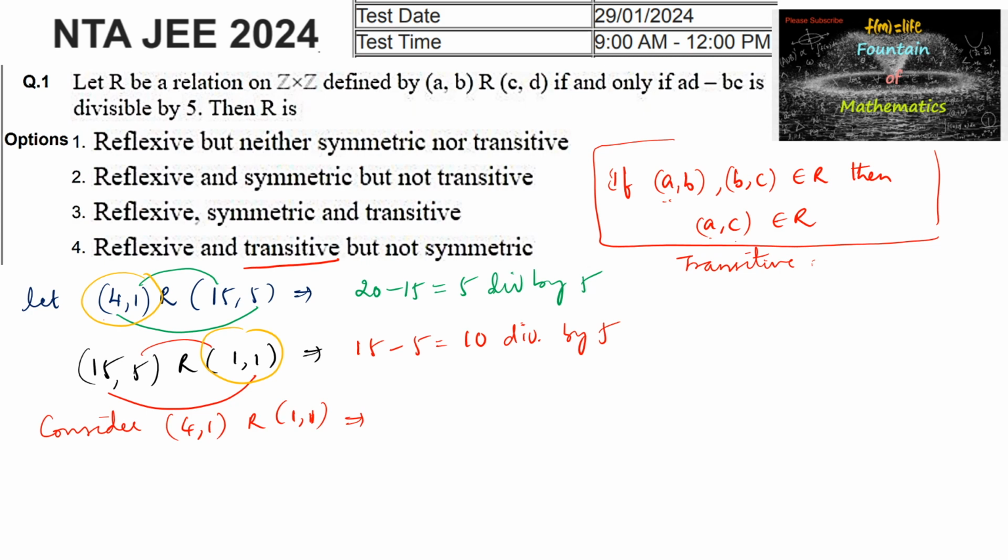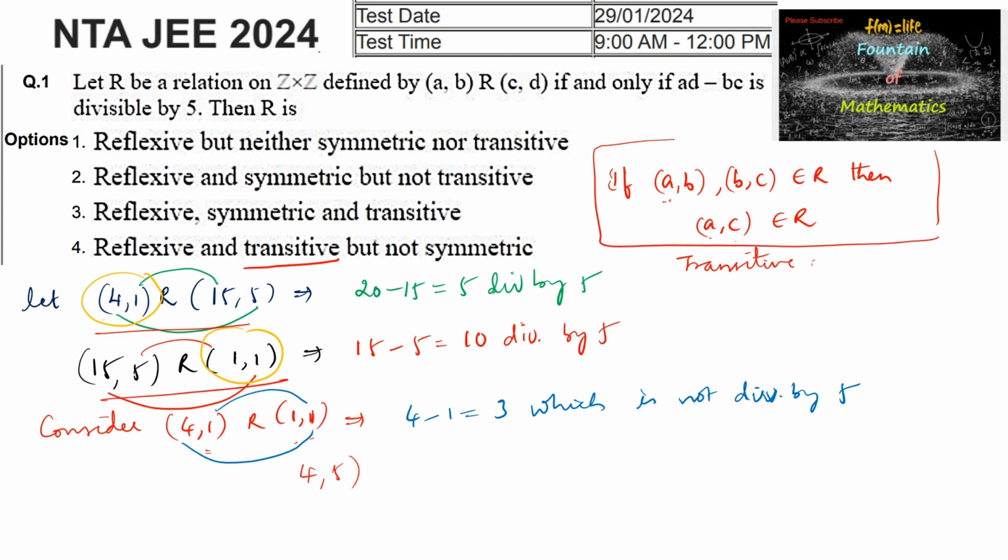Which implies here 4 into 1 minus 1 into 1, that is 4 minus 1, is 3, which is not divisible by 5. And hence we can say that (4,1) is not related to (1,1).